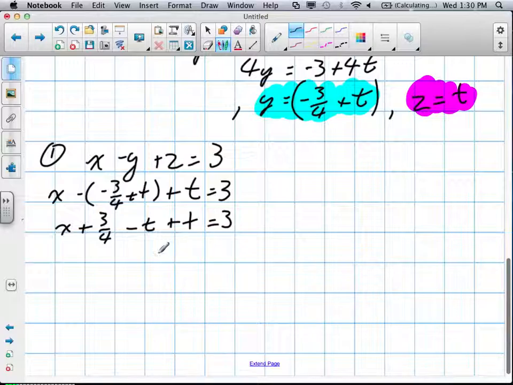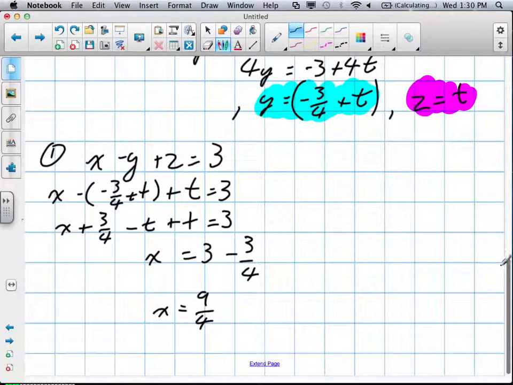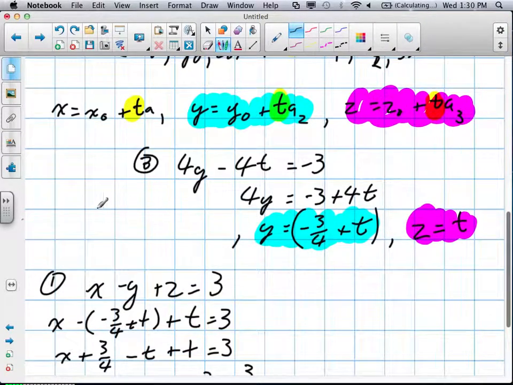Our t's are going to cancel out. We're left with x is equal to 3 minus 3 over 4. X equals, that becomes 12 over 4 minus 3 over 4 is 9 over 4. So my x value is equal to 9 over 4.